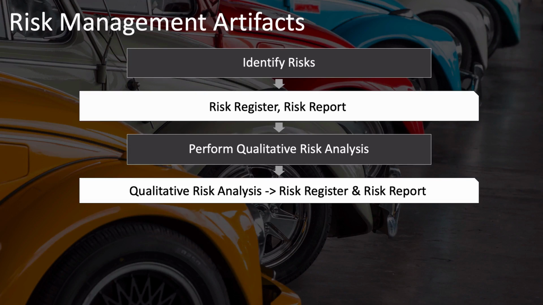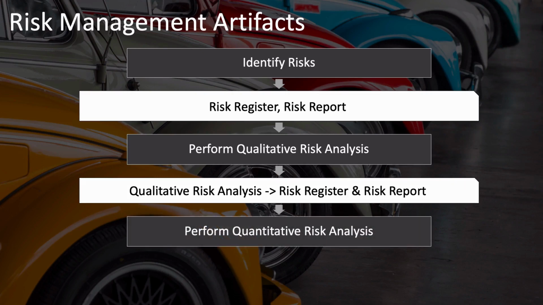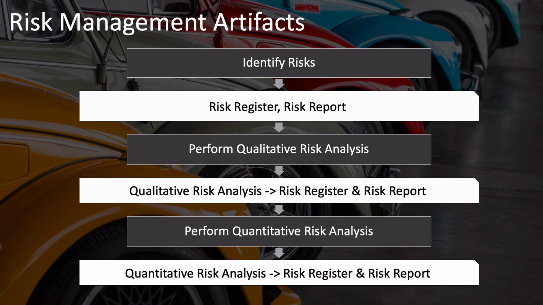However, it's the qualitative risk analysis that's the key artifact generated by this process that is included in these other artifacts. The same is true for perform quantitative risk analysis, which generates the quantitative risk analysis artifact, which is included then in the risk register and risk report.